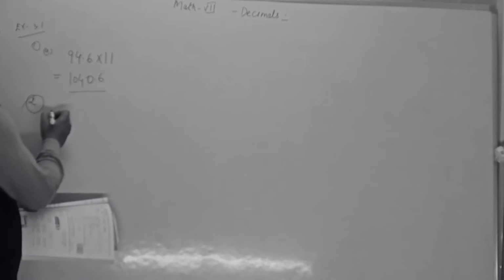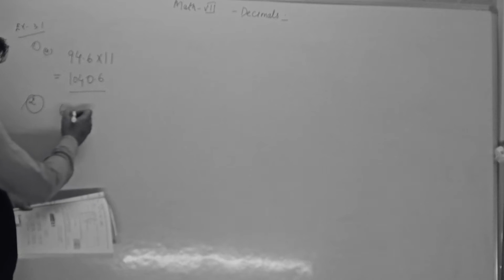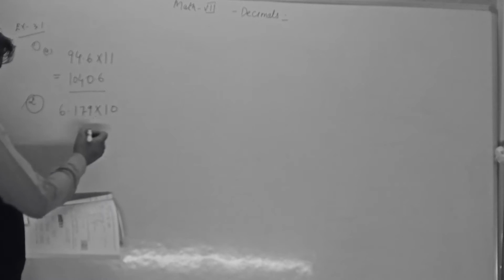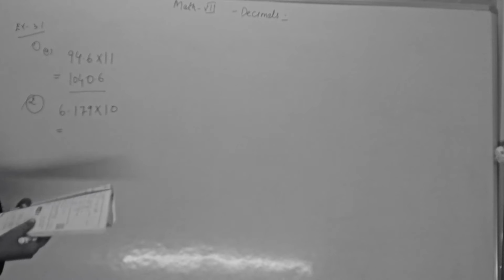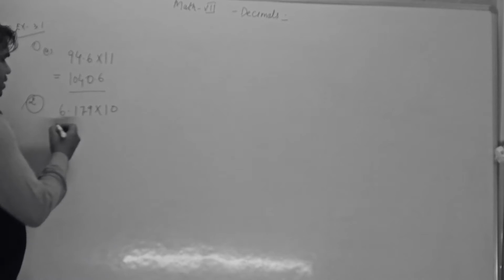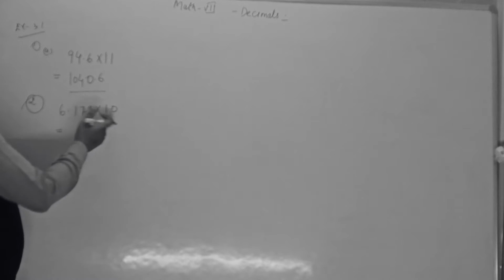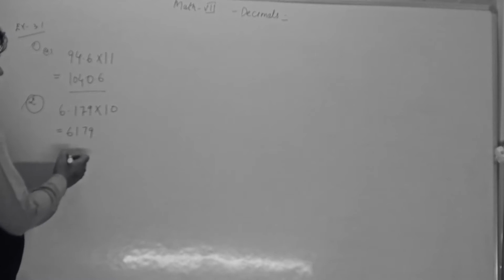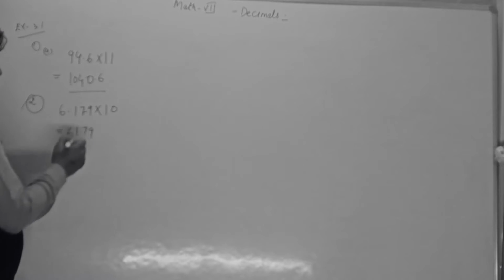Let me see, this is the multiplication. We have 6.19 multiplied by 10. So after multiplication, you see here students, we can write one place here. So the decimal moves out here.